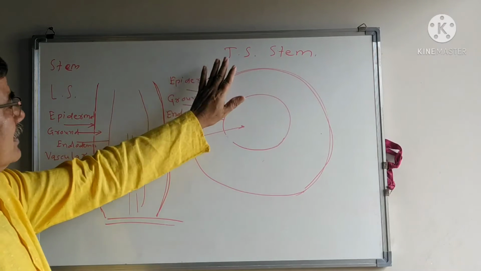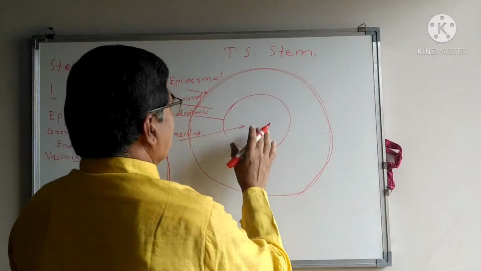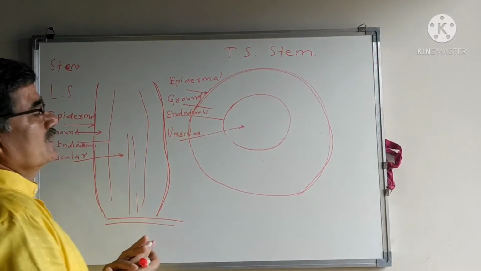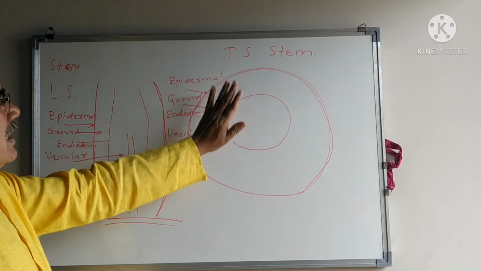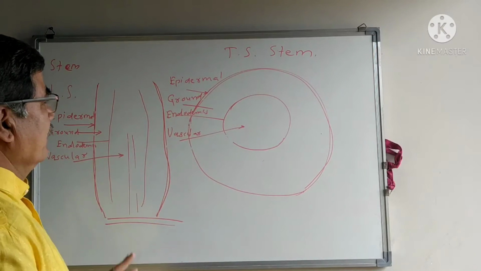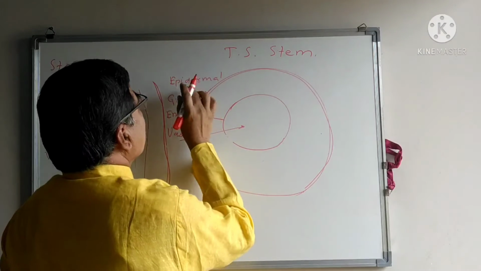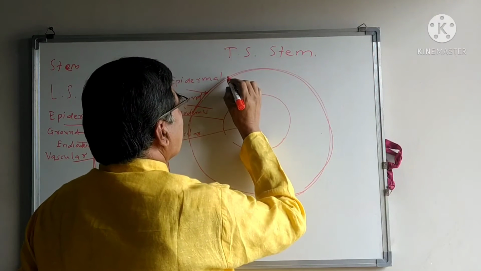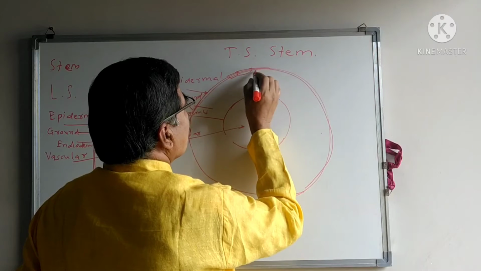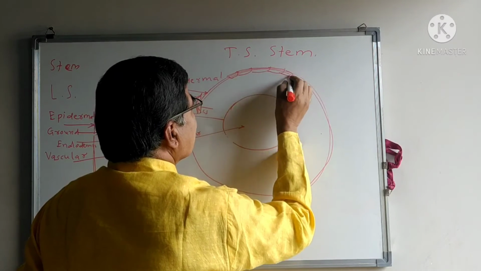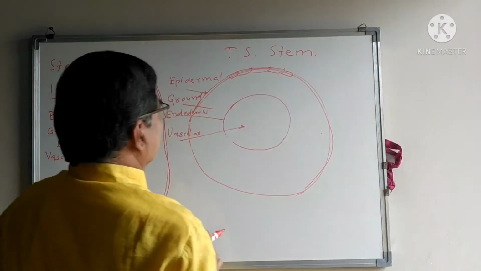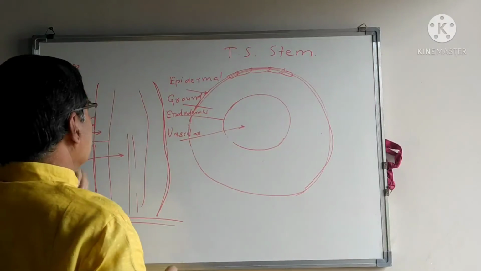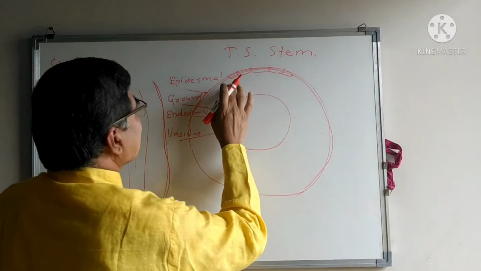Here we are going to see the tissues. Which tissues are developed in this plant body? The epidermal tissue system, also known as the dermal tissue system, is the outermost layer of tissue, and it is made up of barrel-shaped parenchymatous cells. These are simple tissues, parenchymatous.